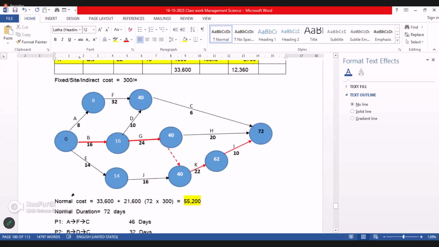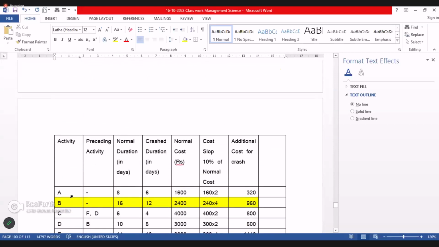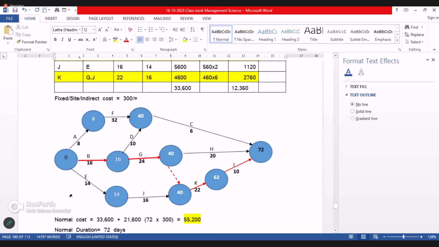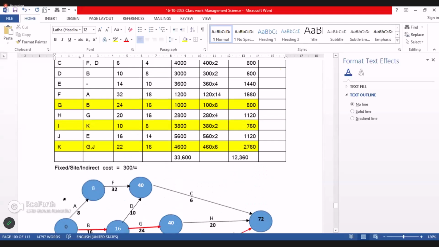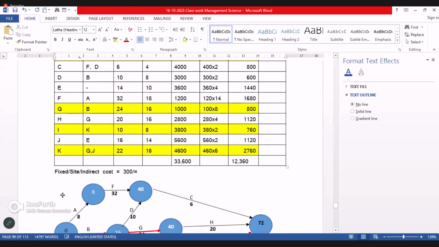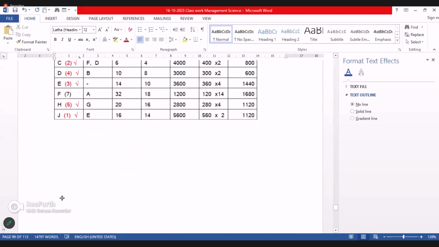Right? So it's about, what is that? Third section is about what? Minimum cost, associated durations. Very good.